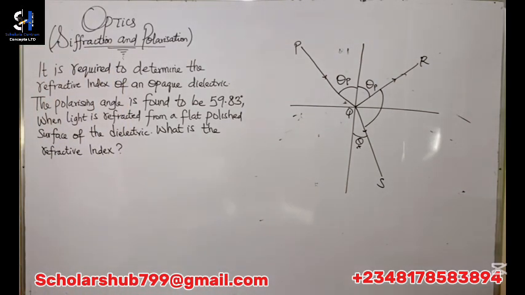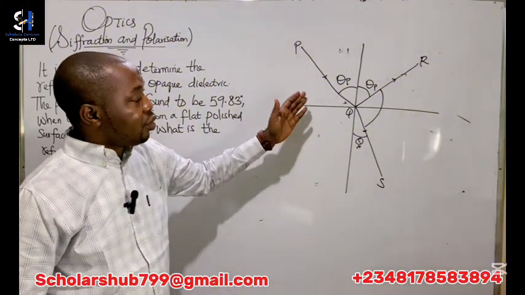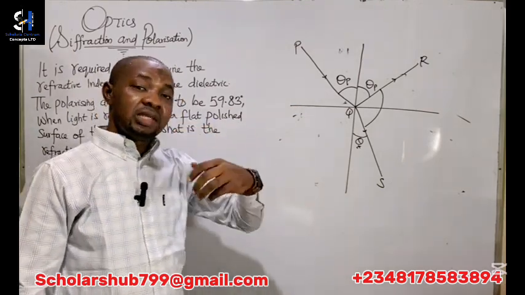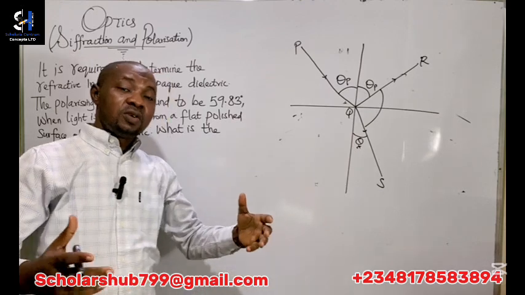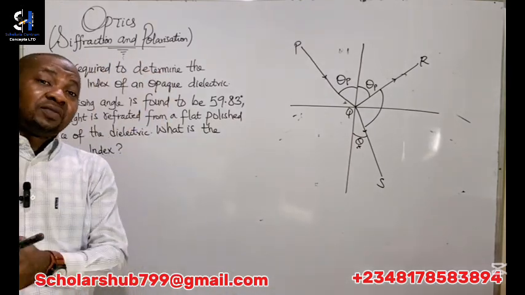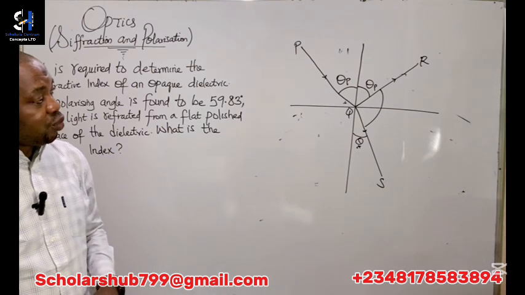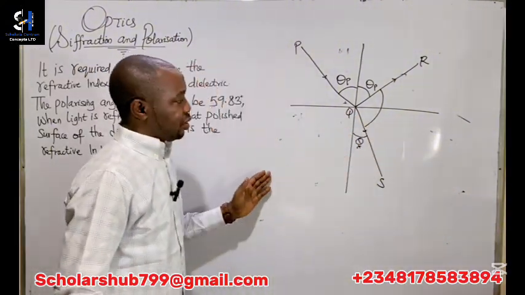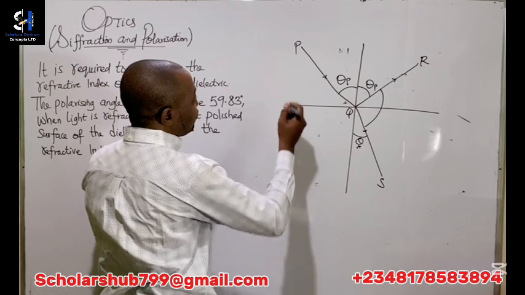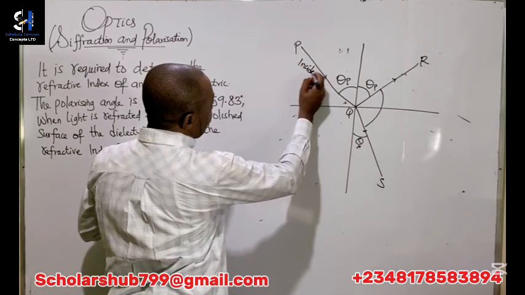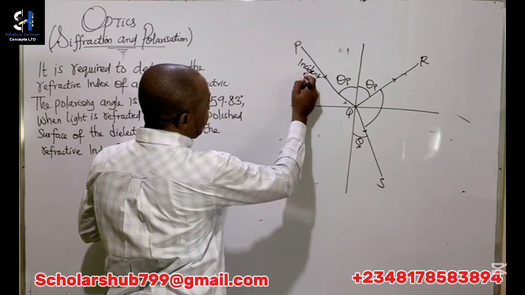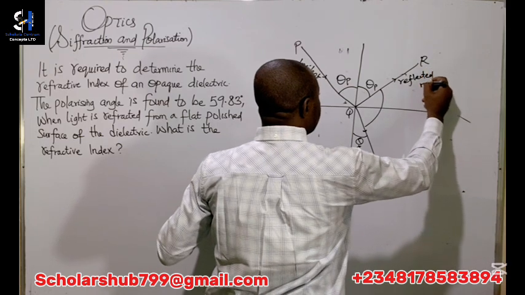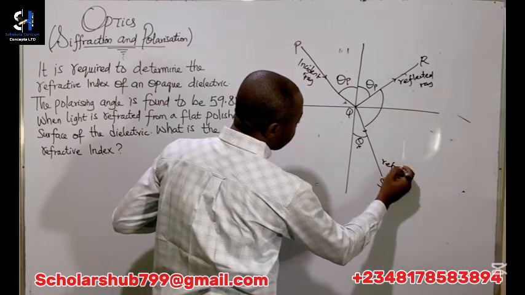When we talk about Malus's law, E.L. Malus discovered the phenomenon of polarization of light by reflection, where you notice that when natural light is incident on a smooth surface, this is the incident ray, then we have the reflected ray, and this is the refracted ray.